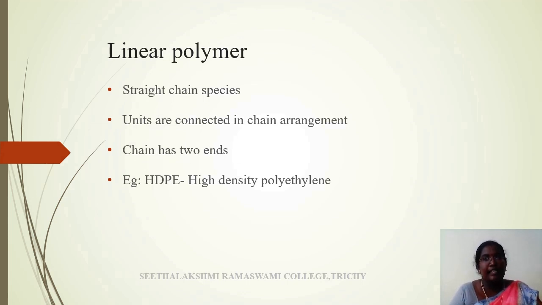Units are connected in a chain arrangement, and the chain has two ends, one at this last and one at that last. An example is HDPE, which is high density polyethylene.